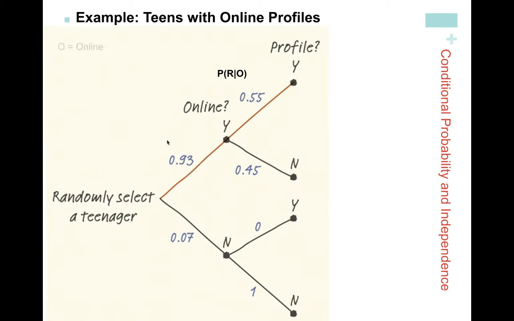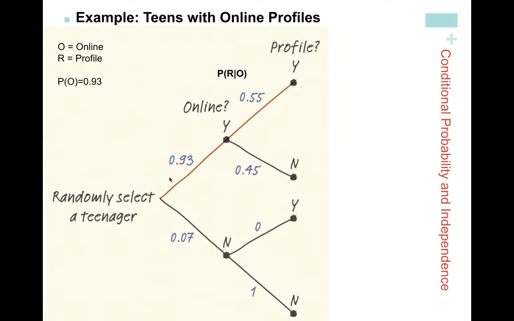Okay, so here we have the exact same tree diagram. I just enlarged it. Let's define O, capital O, as the event that the teenager is online. I couldn't use P, capital P, because capital P stands for probability, so I used R. So let's use capital R as the event that they have a profile. And we are given that the probability of O is 0.93. That's kind of our starting point.